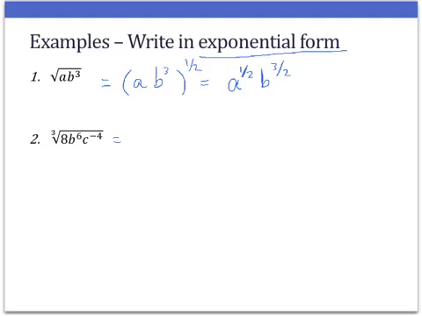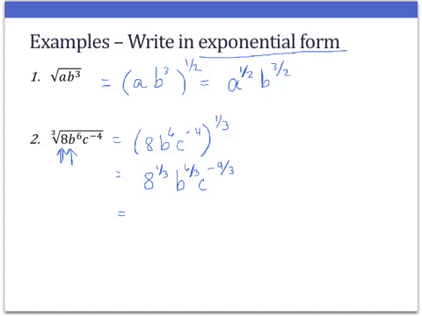If you know how to simplify this and this using that power, then you can do that. But I'm going to begin by going 8 b to the 6, c to the negative 4, to the 1/3. Okay? And then you distribute that 8 to the 1/3. That means a cube root. And then 6 over 3. And c to the negative 4 over 3.